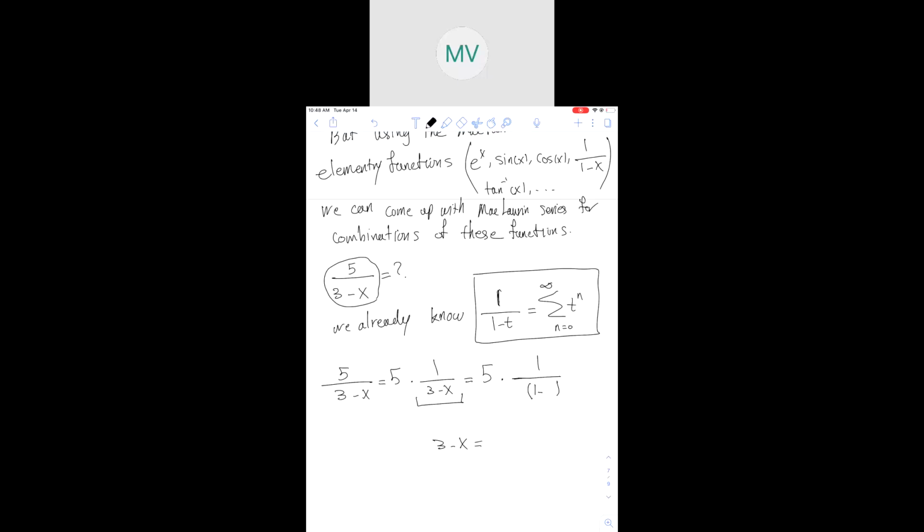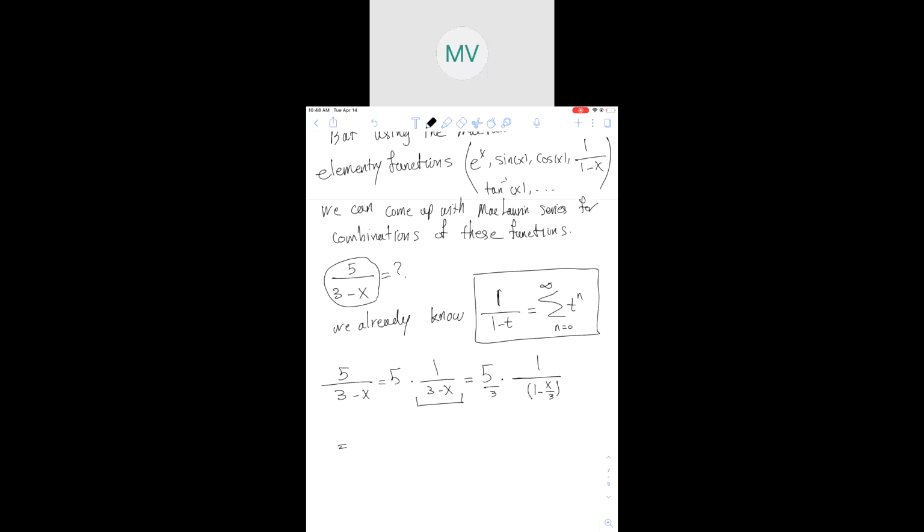Yeah, exactly. That means you factor 3. So if you factor 3, you get 1 minus x over 3. So that's the factor of 3, and then you have x over 3 right there. Those two are the same. Now it's ready to apply the Maclaurin series.